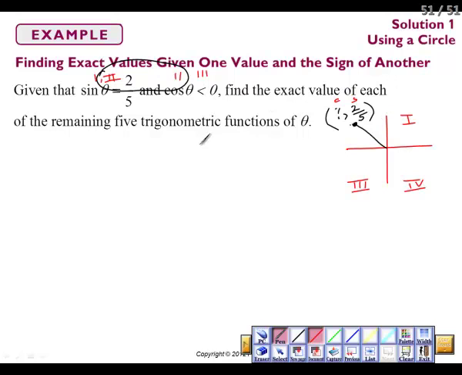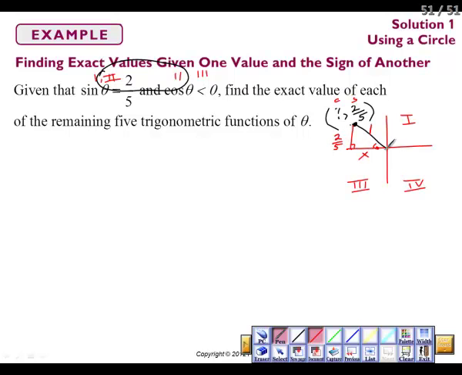Find the exact values of each of the remaining 5 trigonometric functions. Well, if we can make a triangle here, we call this theta. Basically, what we have here is the unit circle where the radius is 1, and so this 2 over 5 would be the y value.